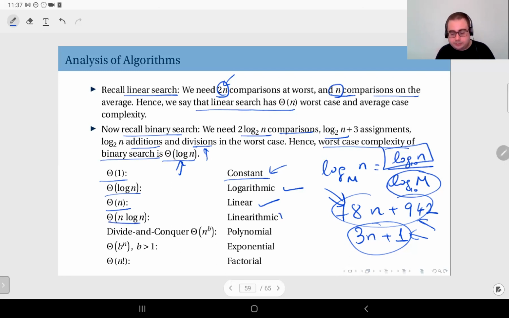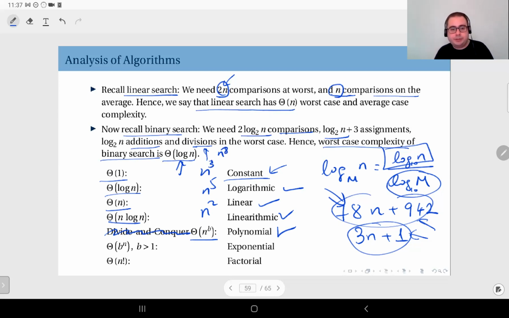N log n is called linearithmic. Theta n to the power b, in general, for any b value here, we call polynomial. It could be n to the power 2, 5, 3, or 8, but they are all polynomials.